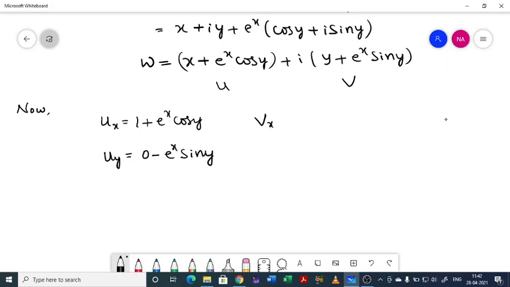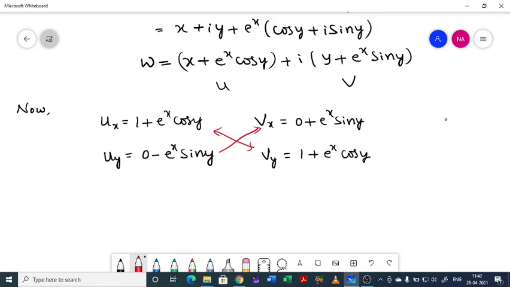Next vx, differentiating with respect to x partially, 0 plus e power x sin y. vy, with respect to y I have to differentiate, 1 plus e power x cos y. Now look into this, you have 1 plus e power x cos y, 1 plus e power x cos y. So those two are equal and these two are equal with opposite sign. So we got ux equal to vy and uy equal to vx with negative sign.